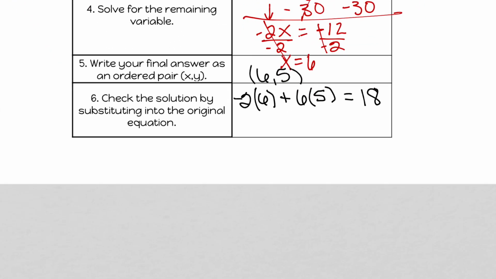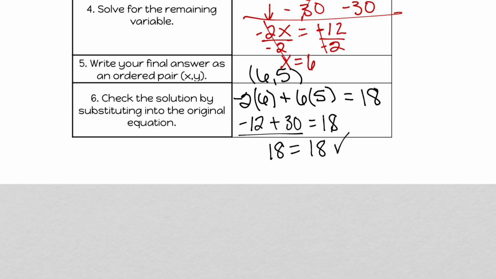So negative 2 times 6, that's negative 12, plus 6 times 5 is 30, equals 18. Then we are going to have negative 12 plus 30, and that is 18. If 18 equals 18, then we got the correct answer.